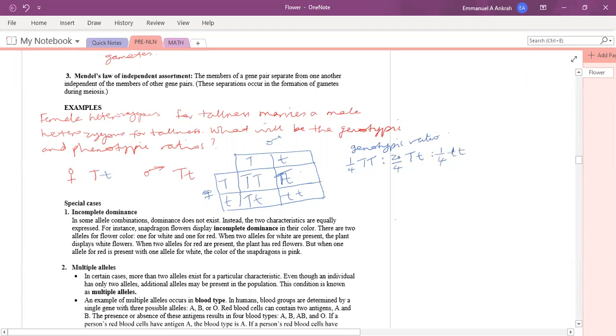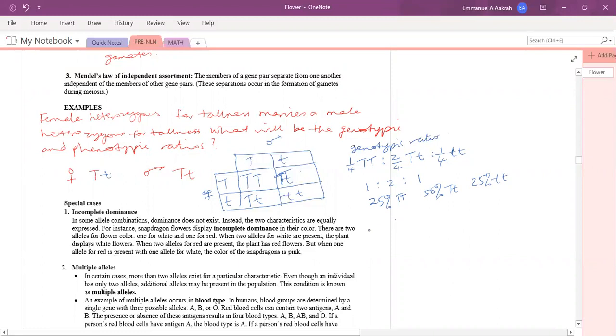So if you look at the ratio, it's like a 1 to 2 to 1 type of ratio. Okay. Or in terms of percentage, this will be 25% homozygous TT, and here you have 50% heterozygous for the height, and then you have 25% homozygous for shortness. Okay. So this will be the genotypic ratio.